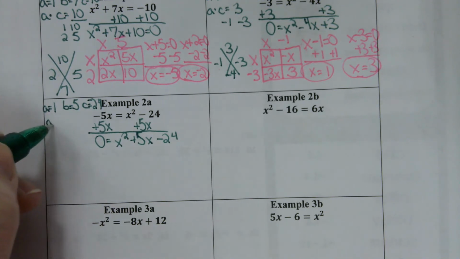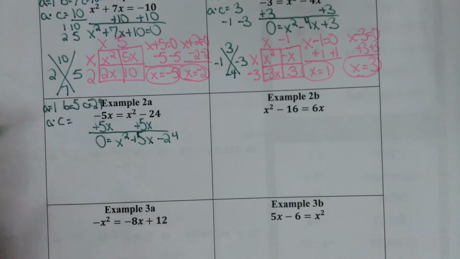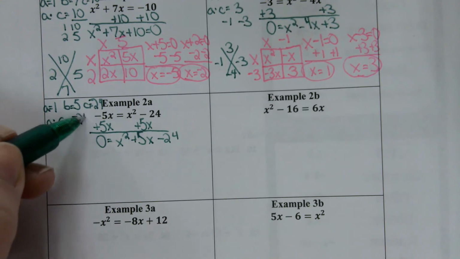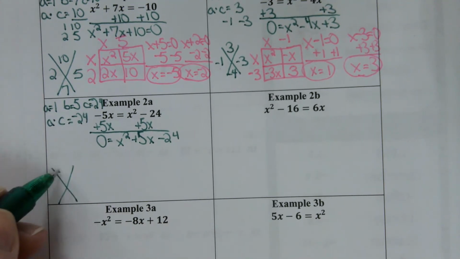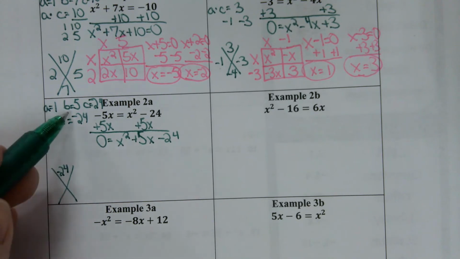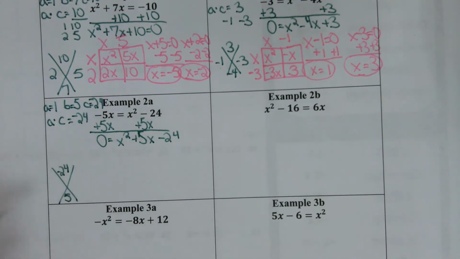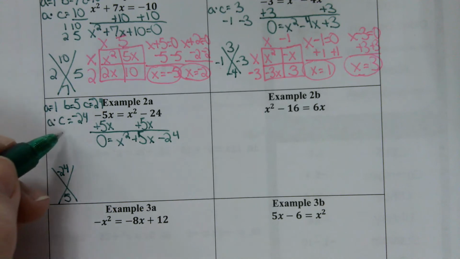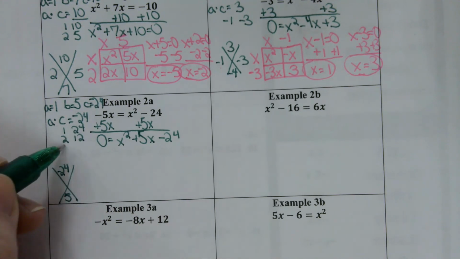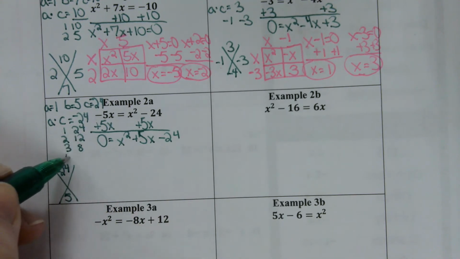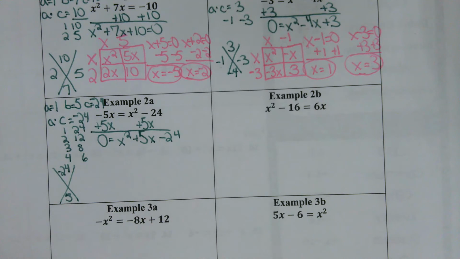A times C equals -24. So in our X, we have -24 on the top, and our B value is on the bottom. Let's set our factors of 24. 1 and 24, 2 and 12, 3 and 8, 4 and 6.